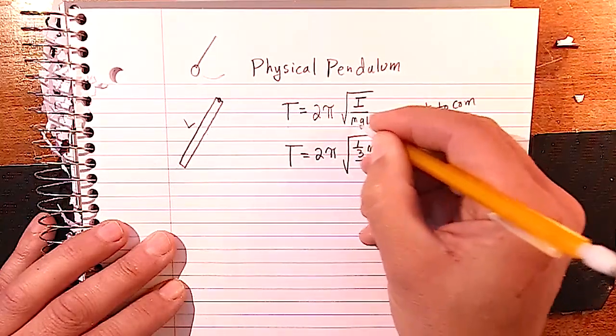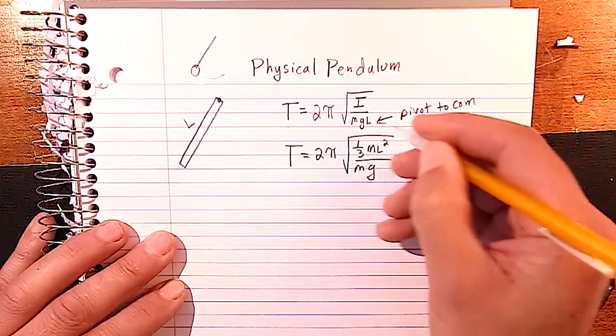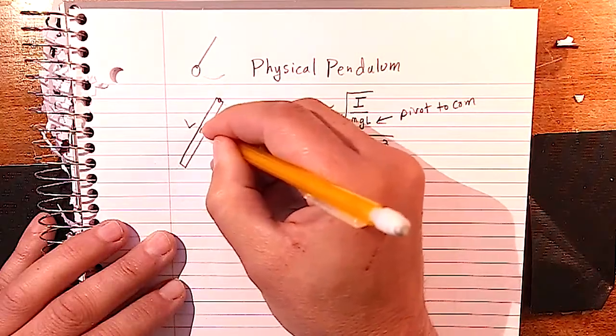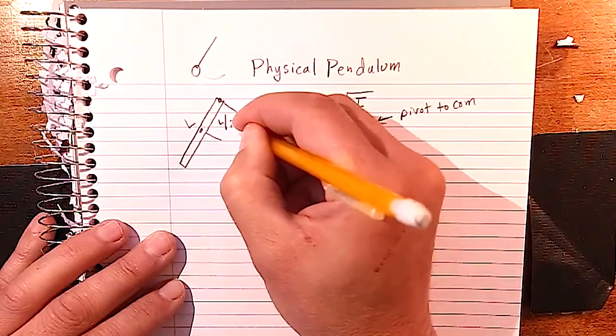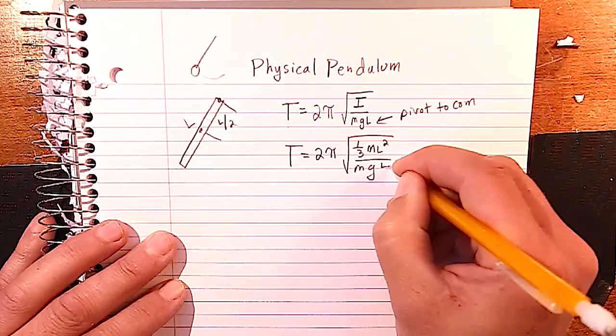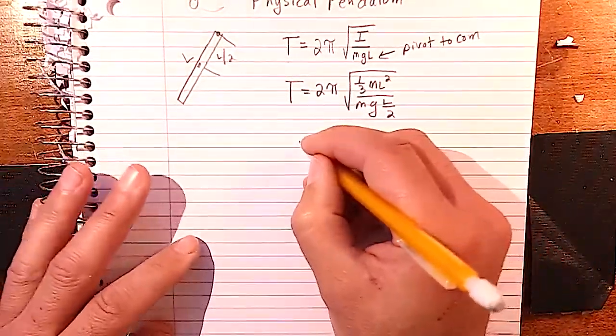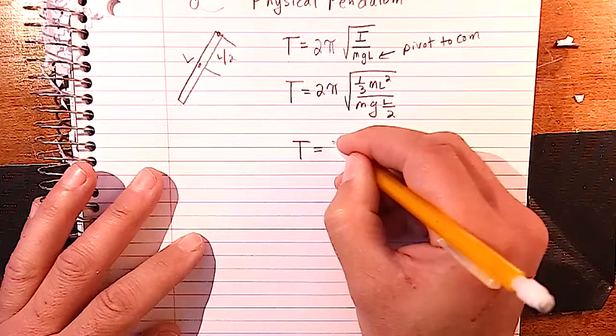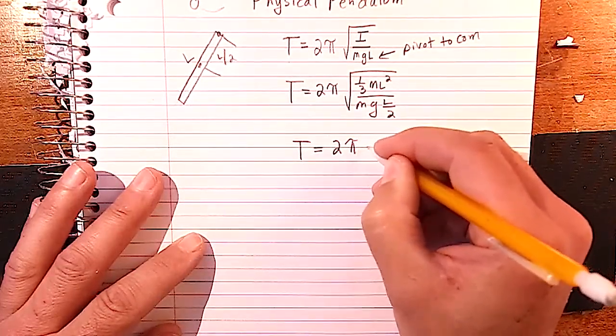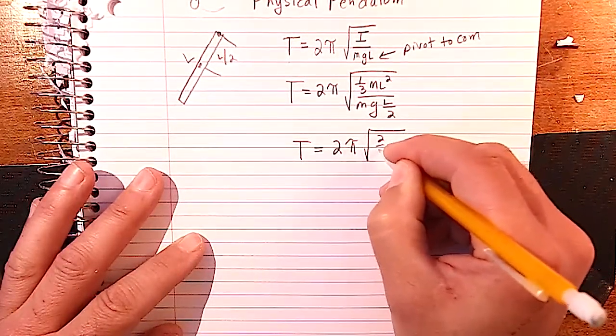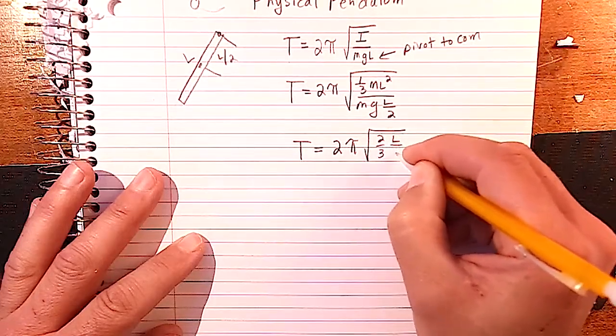And then we put in our mg, and what's our L? Our pivot to our center of mass is L over 2. So we put in our L over 2. And what does that give us? Well, when we rearrange and do the math, that gives us 2 pi radical 2/3 L over g.